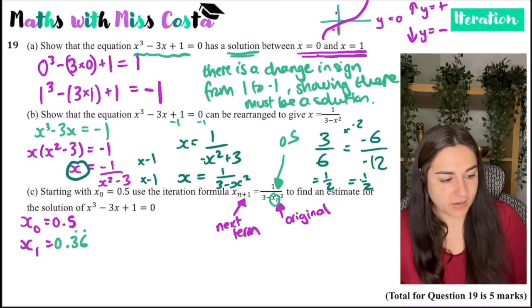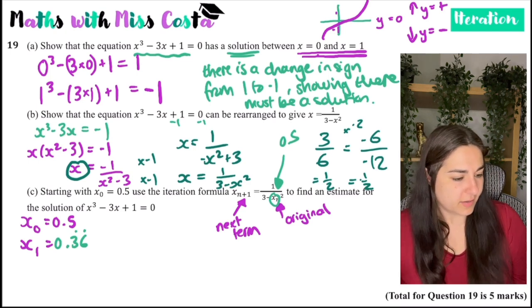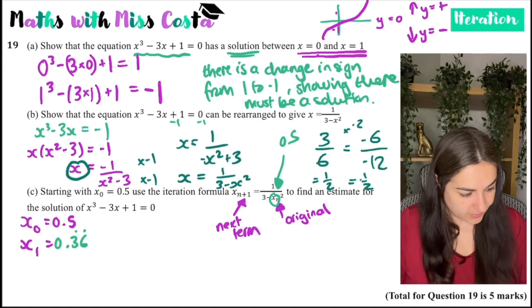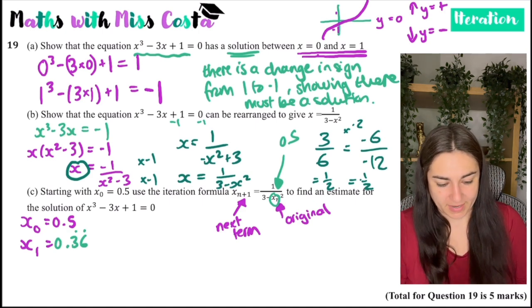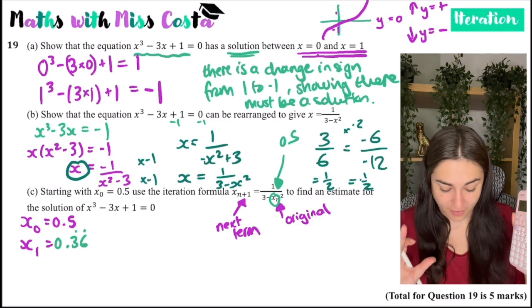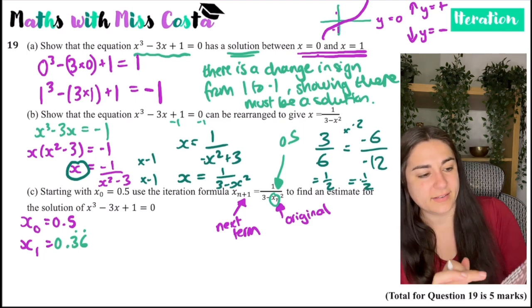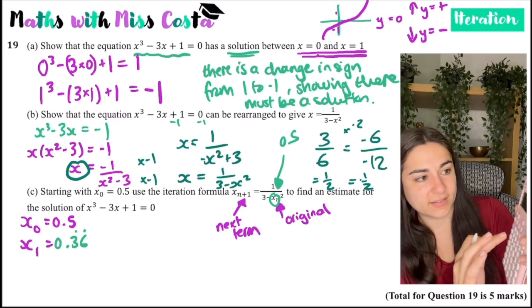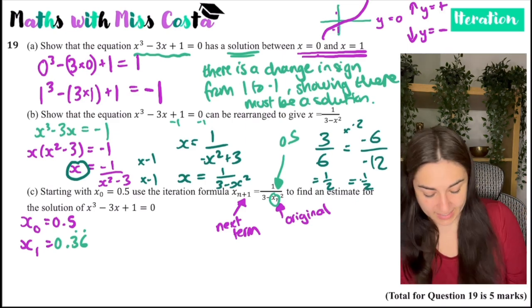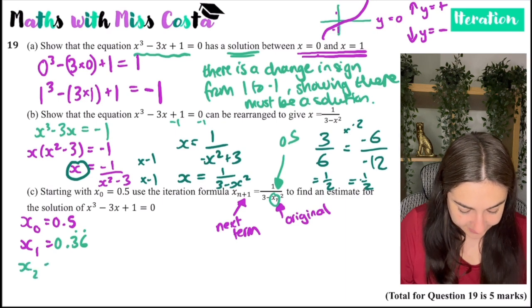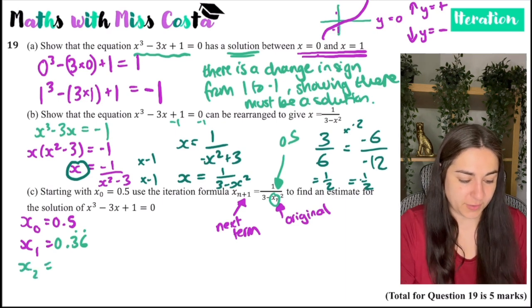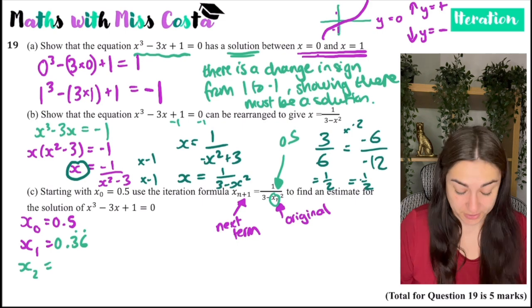Either way, it doesn't matter, because what I'm going to do is, now that I've pressed equals, I'm going to go back using my arrow method and delete that, and then press answer, and then press equals. And that will tell me what the next term is. If this is too confusing, just do it bit by bit and substitute each value in.